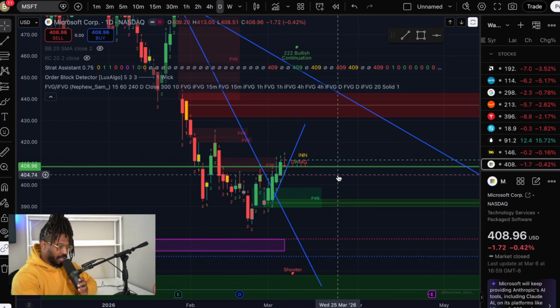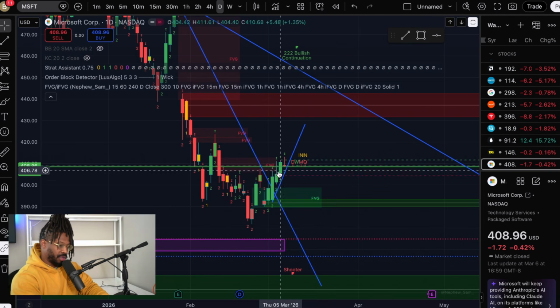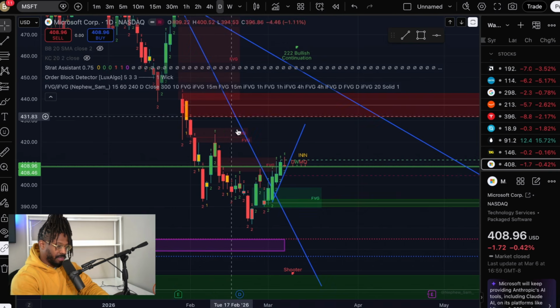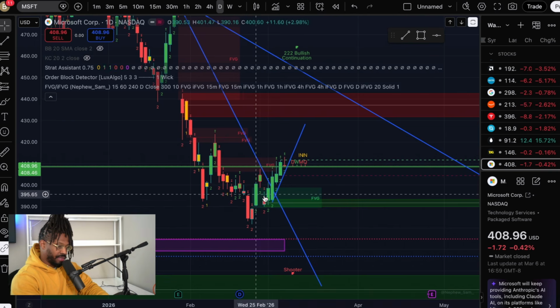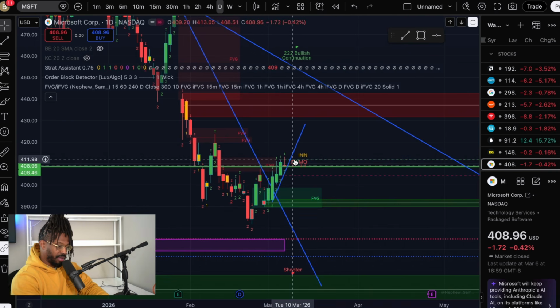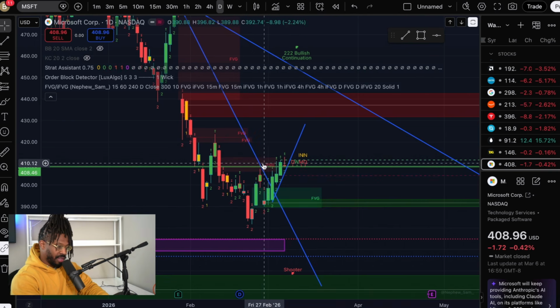All right, so let's look at an example on Microsoft. Currently, Microsoft is in a short-term bullish uptrend. It just recently broke out of this bearish trend that's been taking place for quite some time. I have the trend line drawn right here. And as you can see, there is a fair value gap right here.